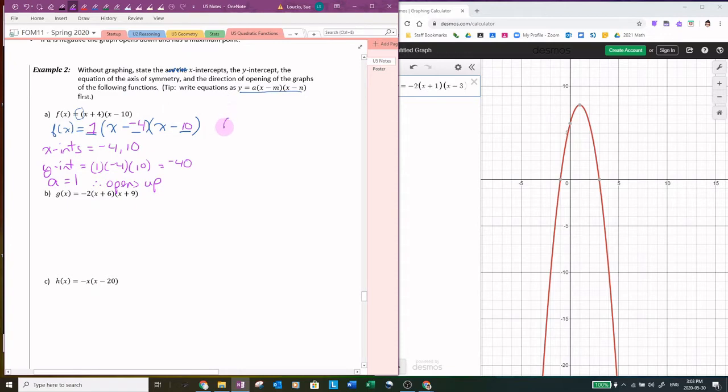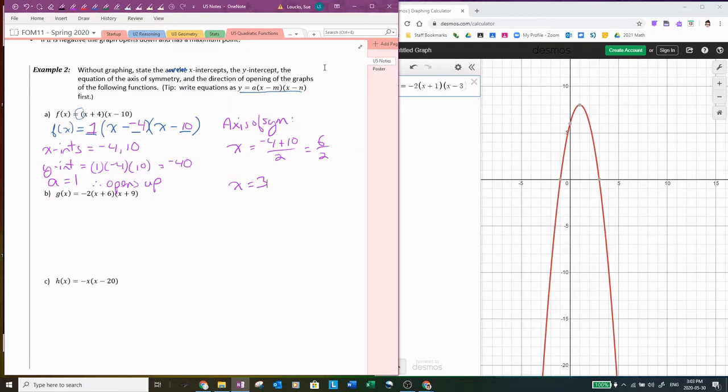And the axis of symmetry is x equals negative 4 plus 10 divided by 2, which is 6 over 2, x equals 3. Okay? Make sure you don't circle this as the answer because 6 over 2 is not the answer, 3 is not the answer, x equals 3 is the answer. All right?